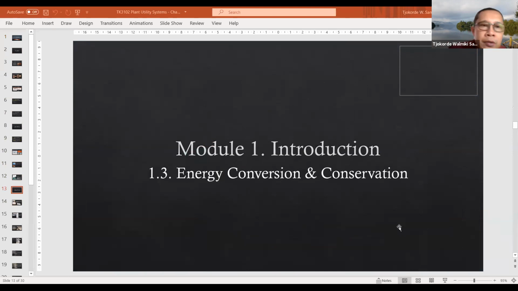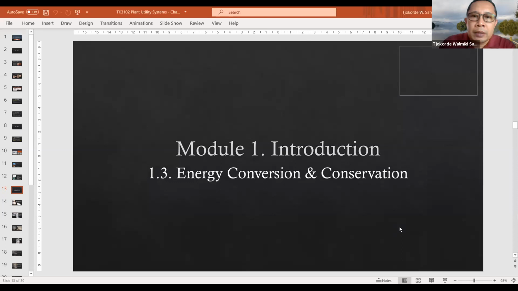Good afternoon, guys, and we'll continue with chapter 1. So we're still introducing some basic concepts and what plant utility systems are, before we move to further details of each system.